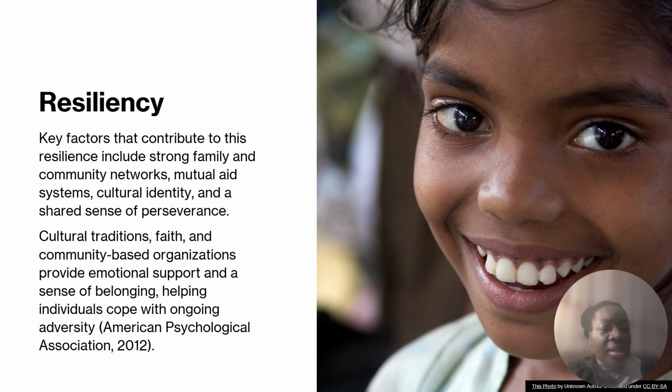Cultural traditions, faith, and community based organizations help to provide emotional support and a sense of belonging, helping individuals cope with ongoing adversity. So, these individuals, although they are immigrants, although they have come from their own country seeking better conditions, they are very resilient. Cultural traditions really play a main role as well as faith. That is a key factor for coping with adversity.